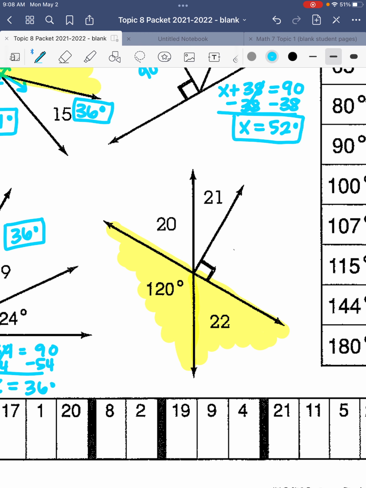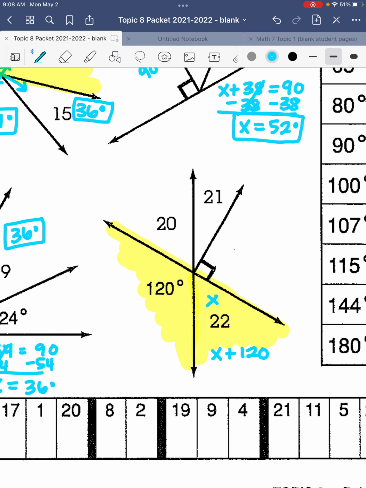So if I called 22 x, I could say x plus 120 equals 180. Well, to get that x by itself, I would subtract 120 on both sides, and I'd find that x equals 60 degrees. So I know that angle 22 is 60 degrees, right?